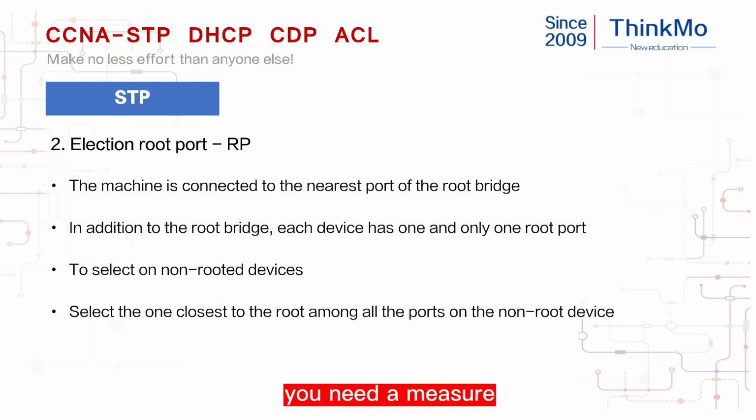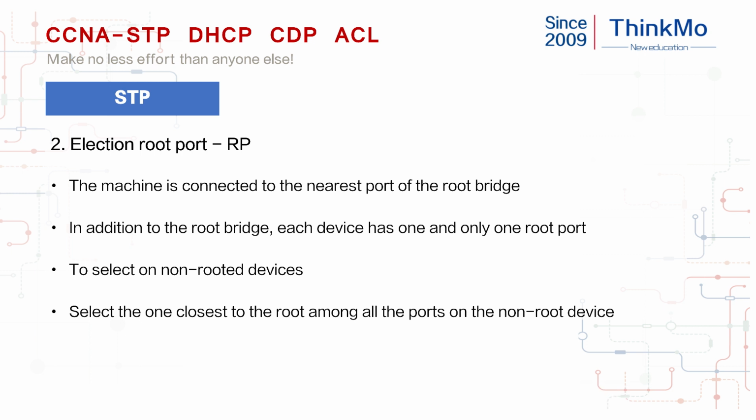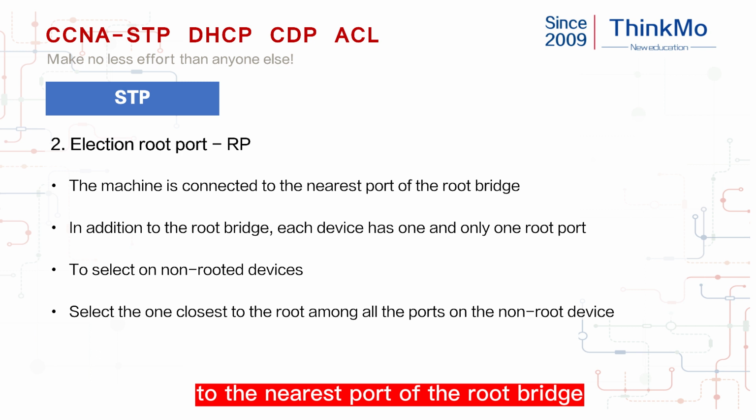You need a measure. Among all ports on non-root devices, we want to choose the port closest to the root. We also want to compare several parameters; there are 4 parameters to compare. The root port is actually the port on the machine that is connected closest to the root bridge. There is only one root port on each switch, except for the root bridge. Each device has one and only one root port.